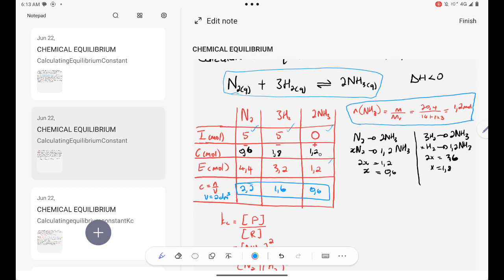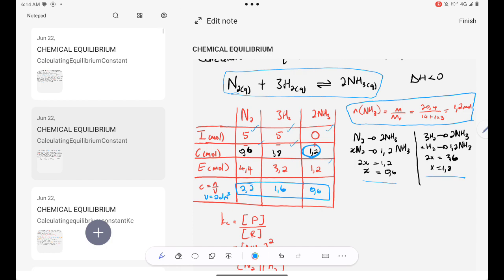And then I used that 1.2 to find the number of moles that were used to produce ammonia. For me to produce ammonia, I must use both my nitrogen as well as my hydrogen. By applying ratio and proportion, I found the number of moles of nitrogen used to be 0.6 moles and the number of moles of hydrogen used to be 1.8 moles.